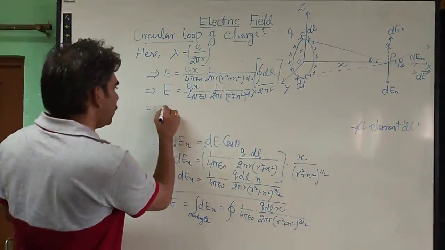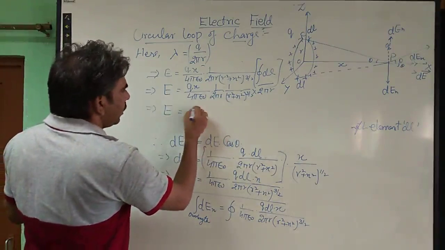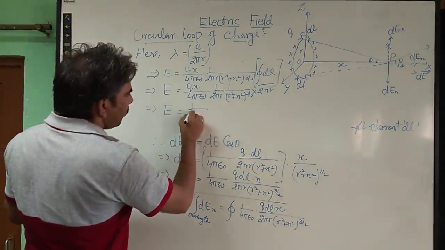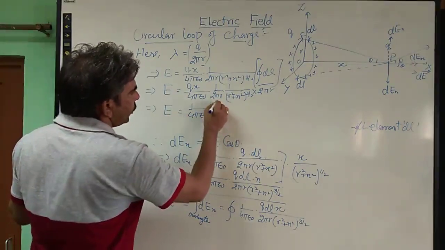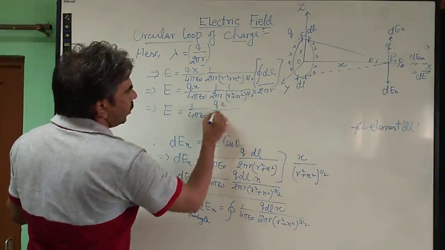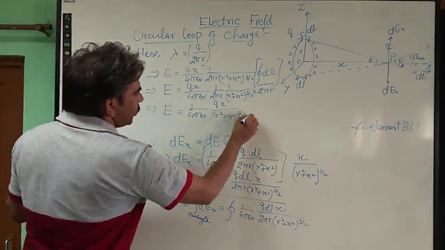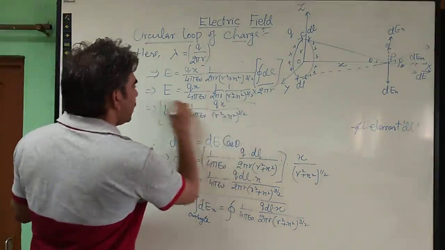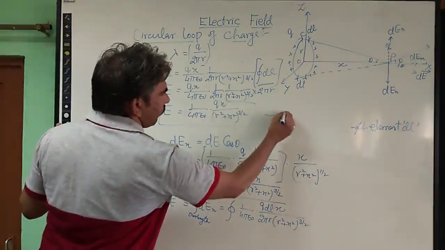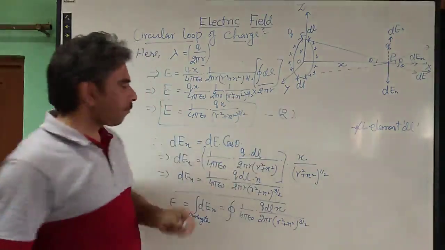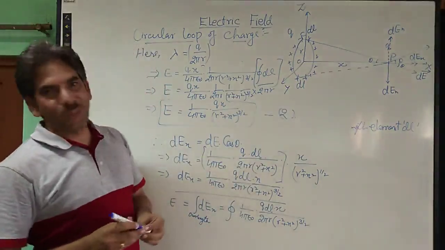So we are left with only the electric field as 1 upon 4 pi epsilon naught into q x upon (r square plus x square) power 3 by 2. So this is the electric field due to a circular loop of charge.